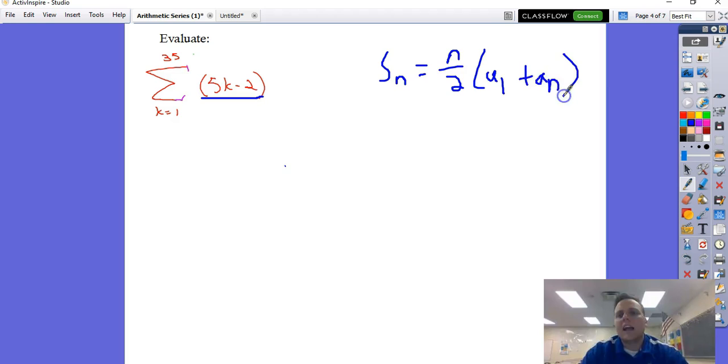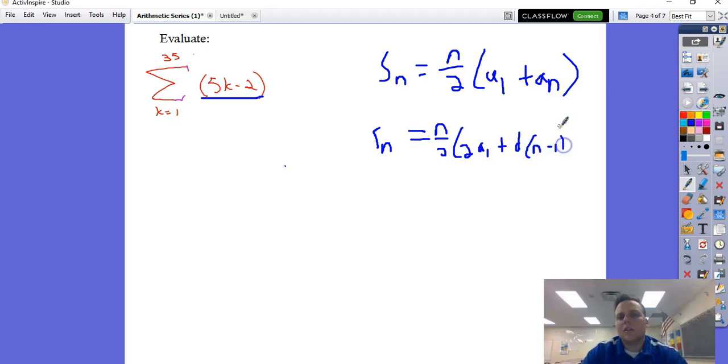And if for some reason you don't know the last term, you could also write that the sum of any number of terms is equal to the number of terms divided by 2 times 2 times the first term plus d times n minus 1.